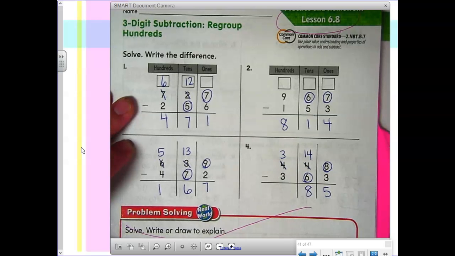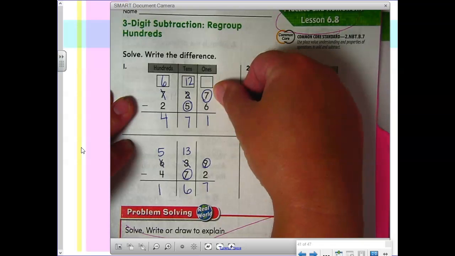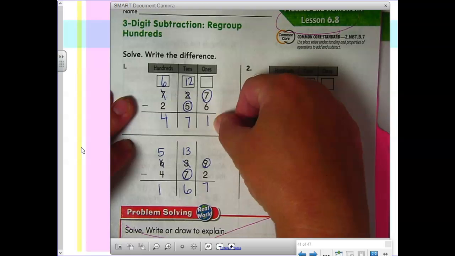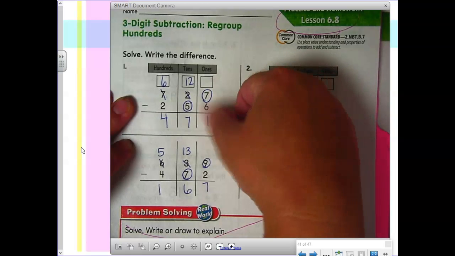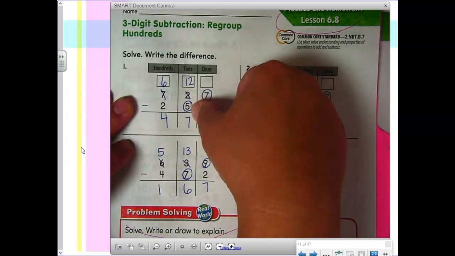So we had 727 minus 256. Start on the right. 7 minus 6 is 1 because our big number's on top. There's no need to stop. Then we go to our tens place. 2 minus 5. I can't do that. There's more on the floor.